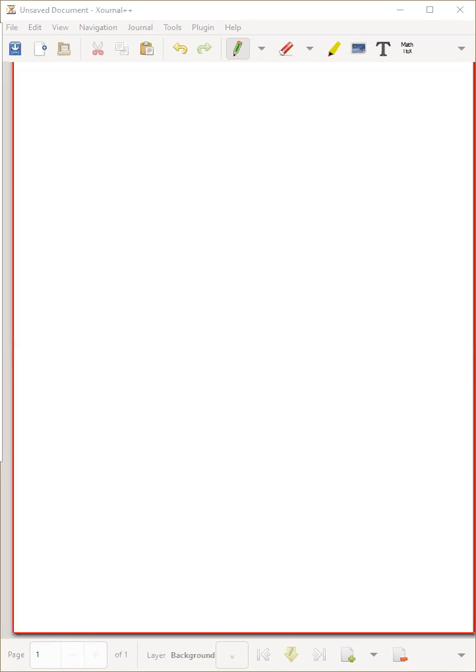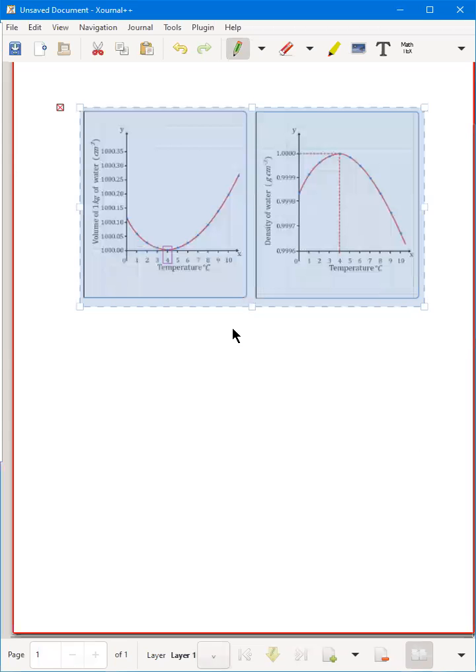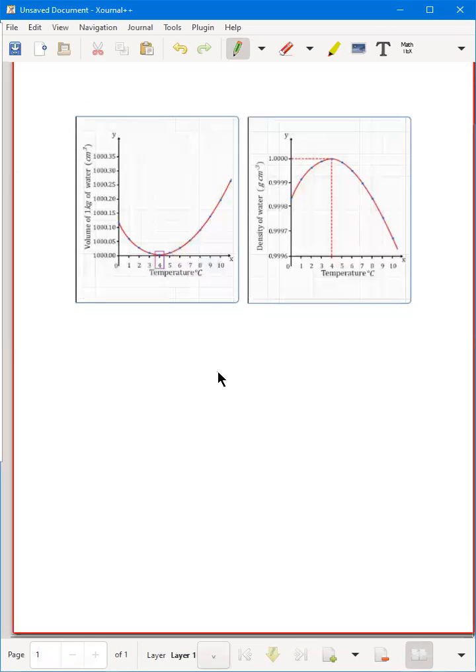So if you look at the, let me show you a figure regarding this. So if you see the volume and the density chart at 4 degrees Celsius, as we go increasing the temperature from 0 to 4 degrees, you will find that the volume of water is decreasing.